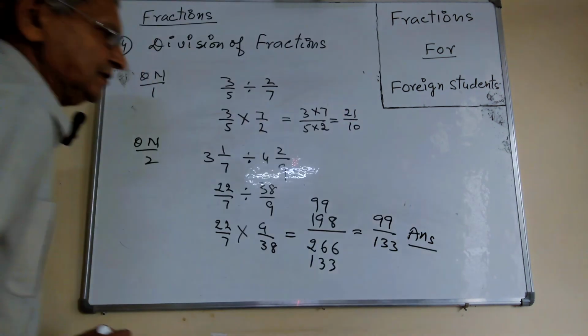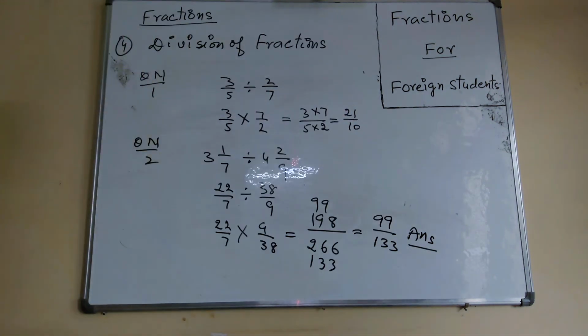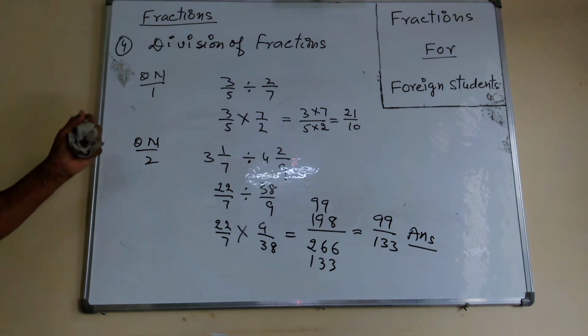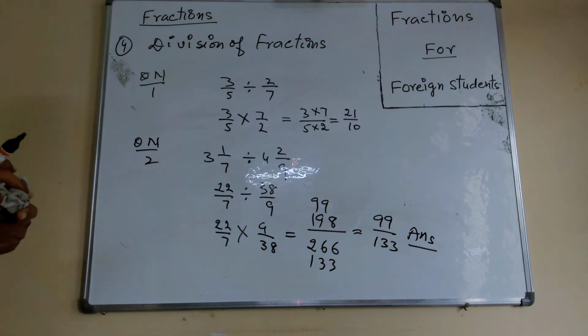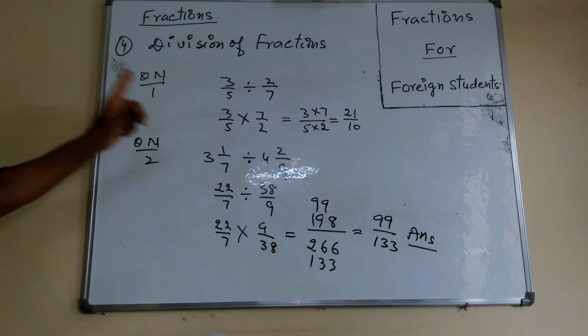This is the answer. My dear students, we have taken all parts of this fraction, all operations of this fraction. What are the operations? That is addition, subtraction, multiplication and division. We have taken 2 questions on each part.